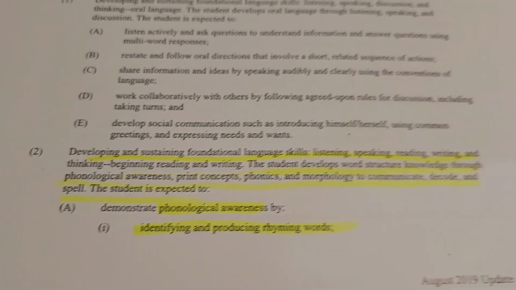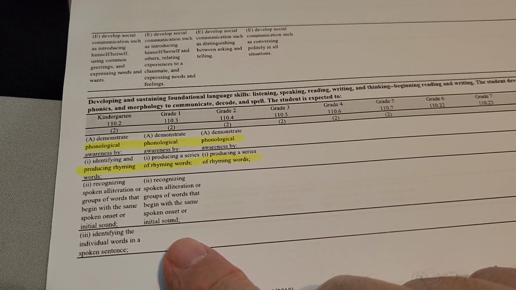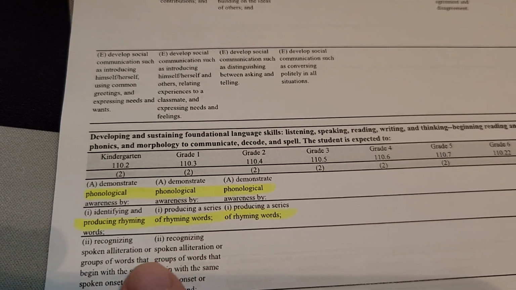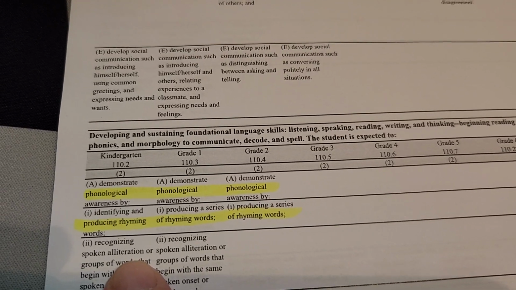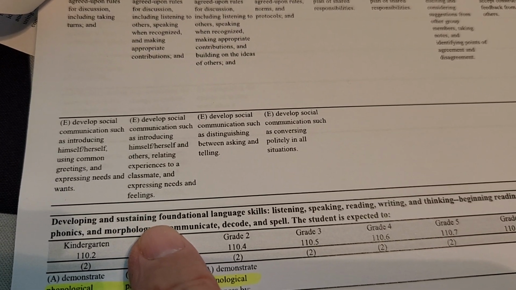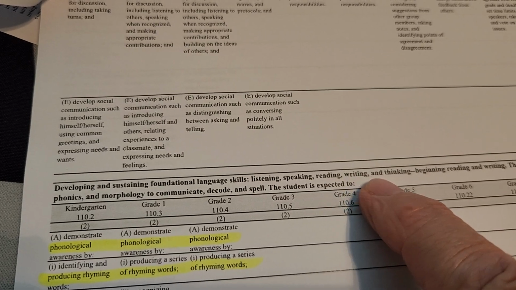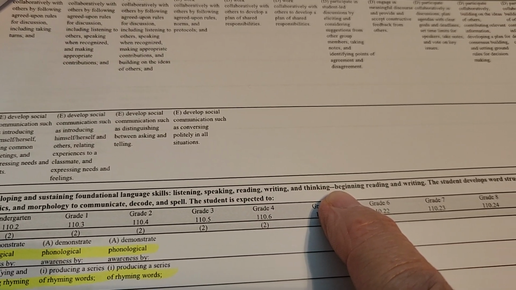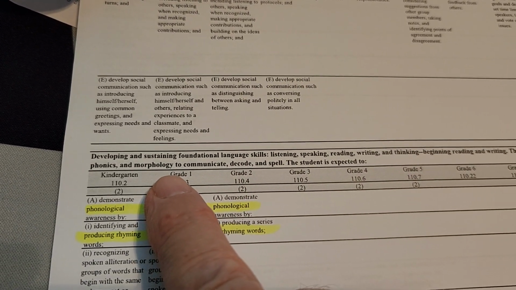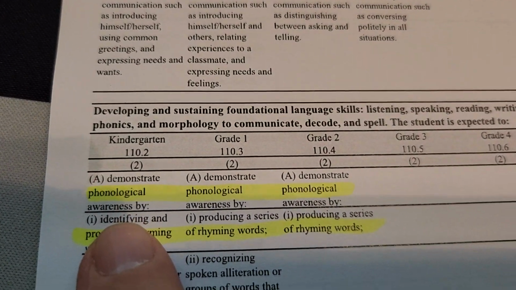Now, I'm going to move over here to the vertical alignment document, which specifies instruction for kindergarten through 12th grade, but STR is mainly focused on early grades. Here it says develop sustaining foundational language skills, and again it includes the 4 domains of language and the 5th domain, which is thinking. It specifies different components, but we're going to look specifically at phonological awareness.